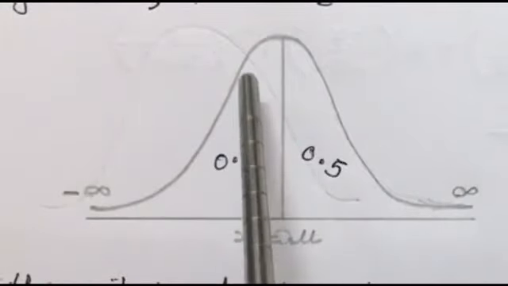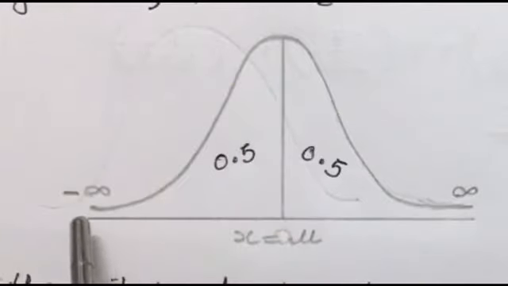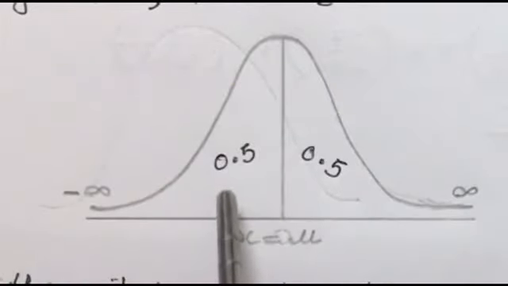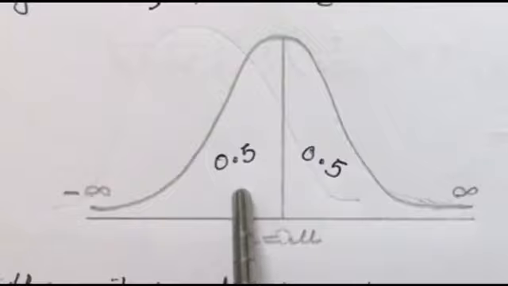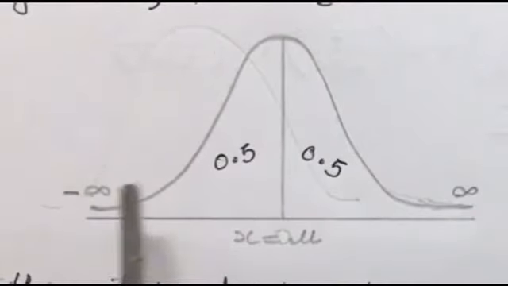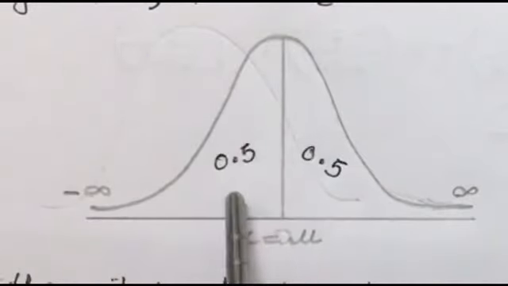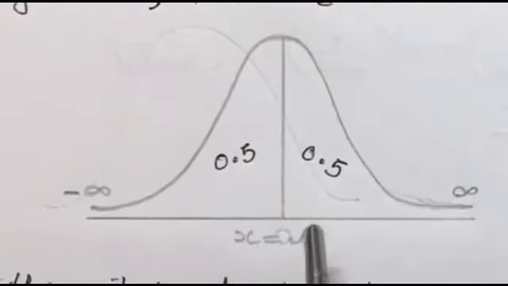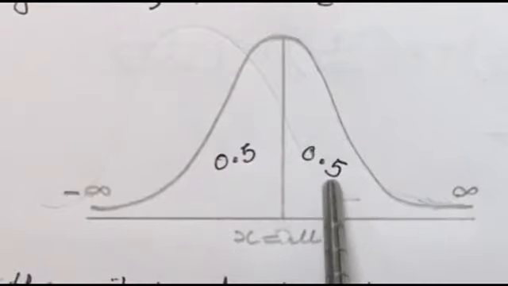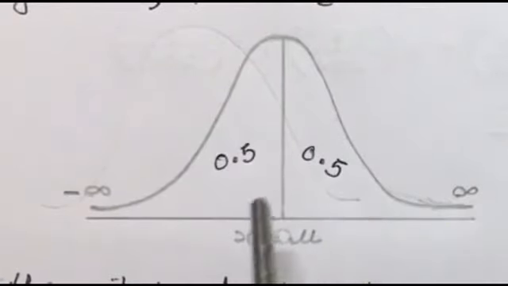Now if we see the area covered under this bell-shaped graph from minus infinity to 0, because this line is exactly the 0 line as it is symmetric. From minus infinity to 0, the area covered is 0.5, and from 0 to infinity the area covered is 0.5.